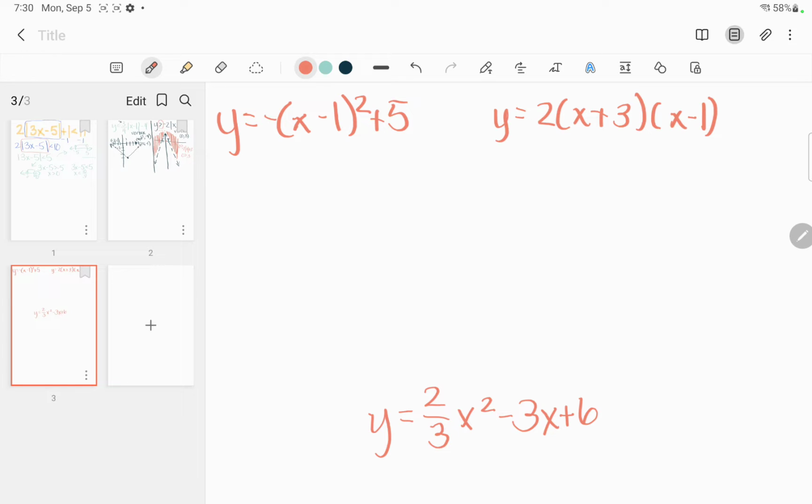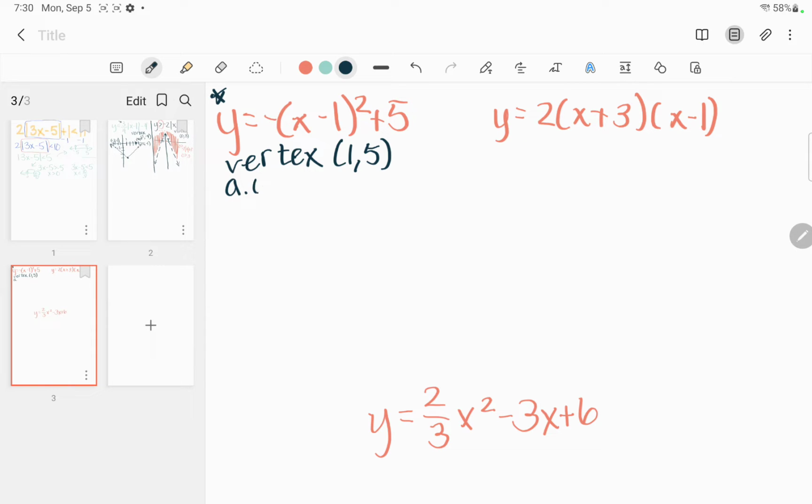Okay, so first of all, the first one that's probably going to be the easiest to graph is this vertex form right here. It's easy to identify the vertex and the axis of symmetry. Our vertex here is at 1, 5, showing up as the opposite of the value that is inside the parentheses with x, and it is whatever is added outside.